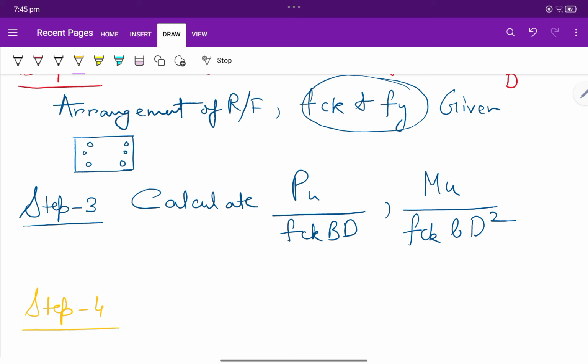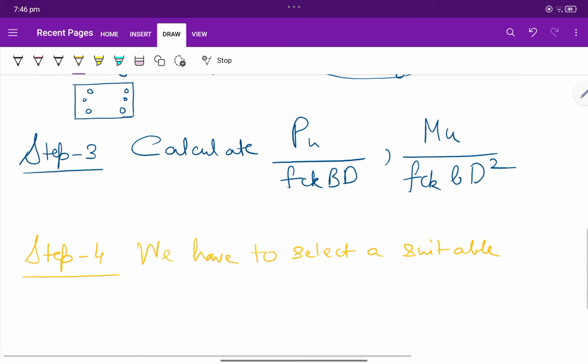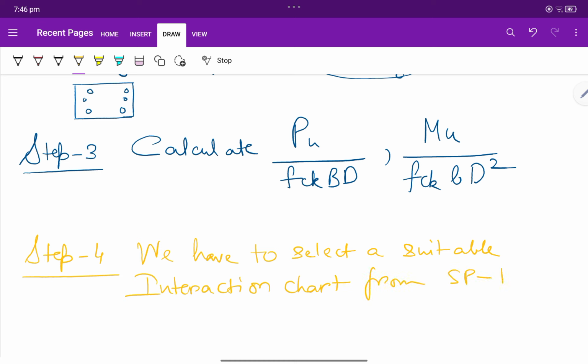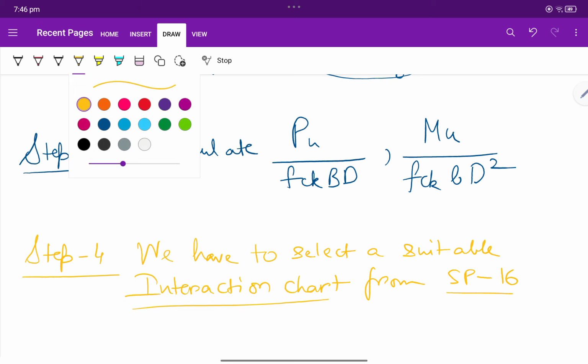Step 4 is, we have to select a suitable interaction chart from SP16. It's a code book, SP16. For this interaction chart selection, what all things are needed, we will see.